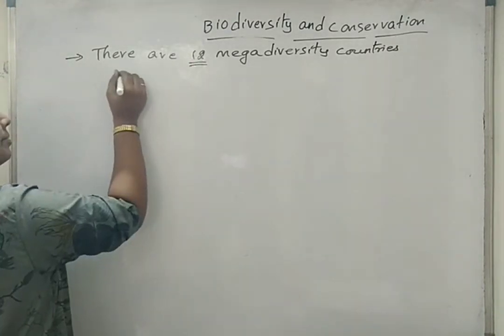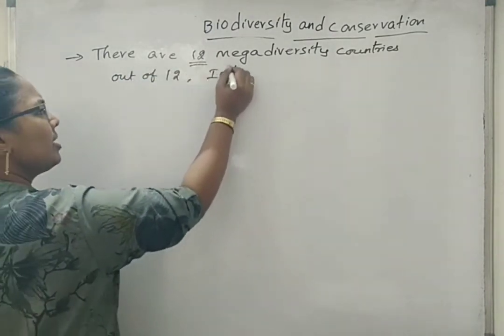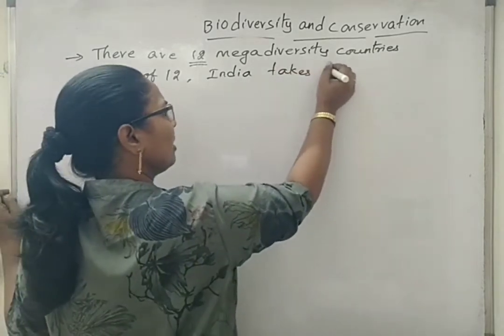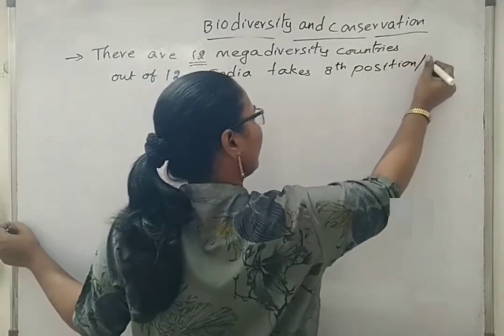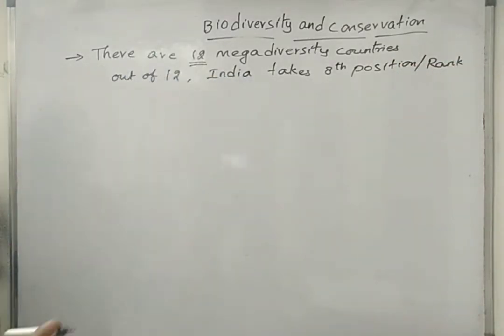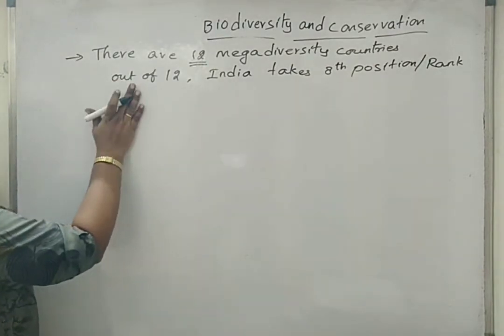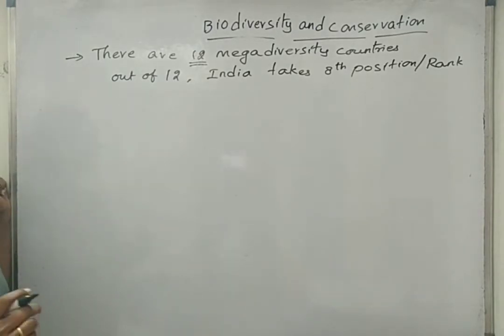And out of 12, India takes the 8th position, or 8th rank, in biodiversity. So this is the 8th position when we compare with the 12 mega diversity countries.